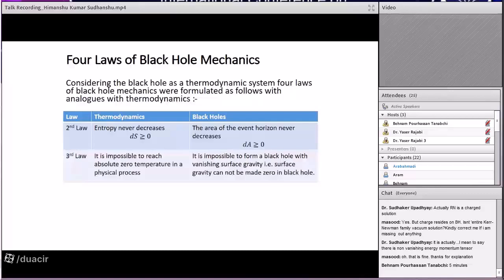It keeps on increasing. The third law of thermodynamics says that it is impossible to reach absolute zero temperature in a thermodynamic system. This analogy has been found in black hole physics, where surface gravity cannot be made zero in a black hole system.